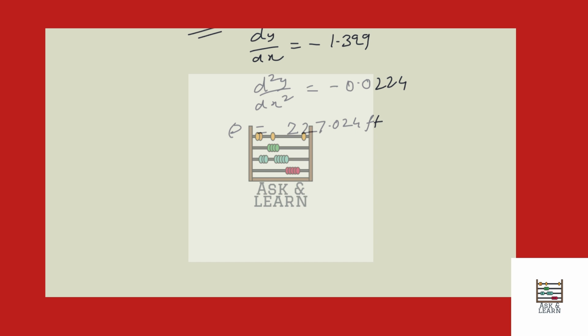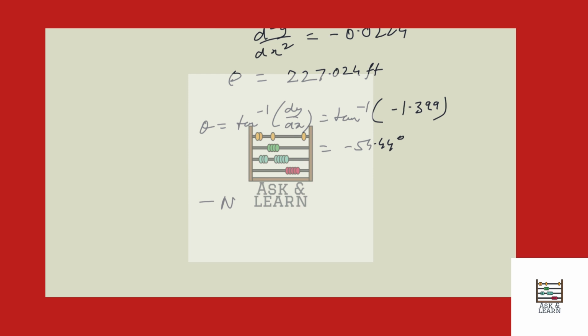Now to calculate the normal force, you need to find this angle theta, which is equal to tan inverse of dy/dx, right? So this is tan inverse of minus 1.399, and this comes out to be around minus 54.44 degrees. Now if you write down the forces, minus N plus 150 cos of 54.44 is equal to m v squared by rho, where rho is the radius of curvature.